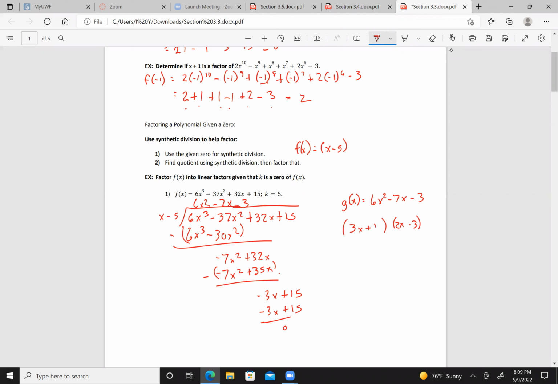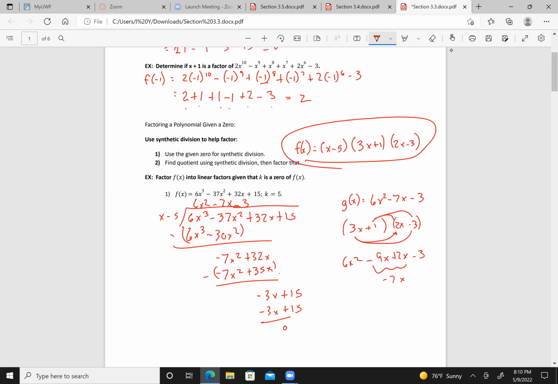But if we FOIL this, just to be sure, first times first, 6x squared, outer times outer, minus 9x, inner times inner, plus 2x, last times last, minus 3, and that's minus 7x. So essentially, f of x equals x minus 5 times 3x minus 3 times 2x plus 1. That is our factored polynomial.